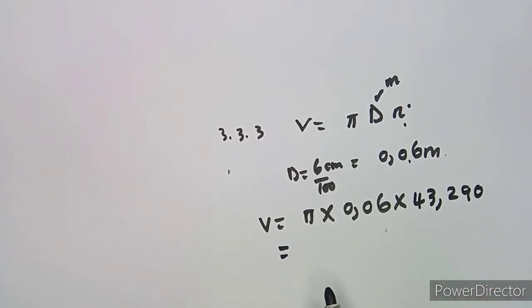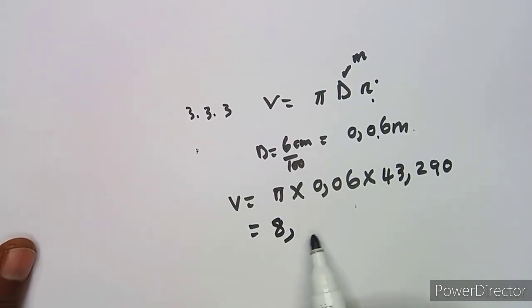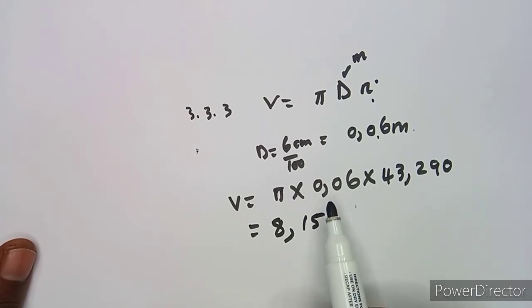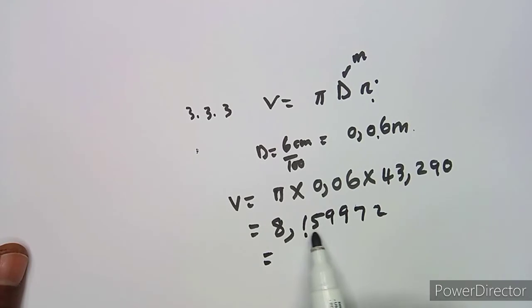That's going to give us the velocity in meters per second, which is 8,159,972, something like that.